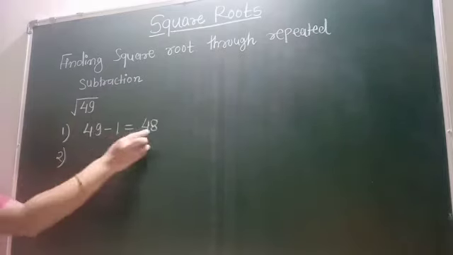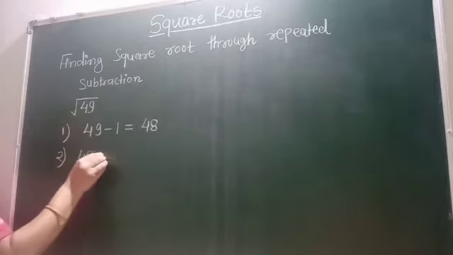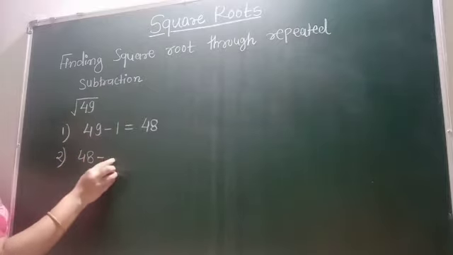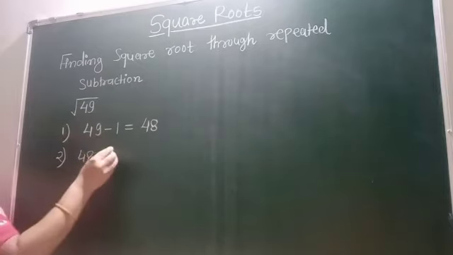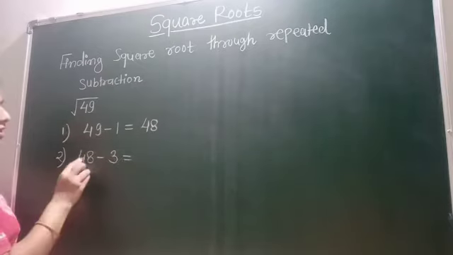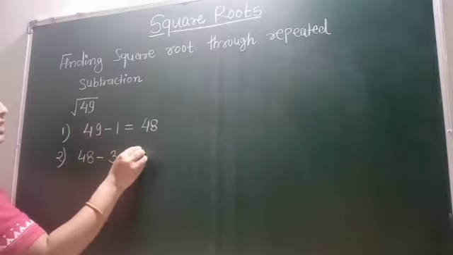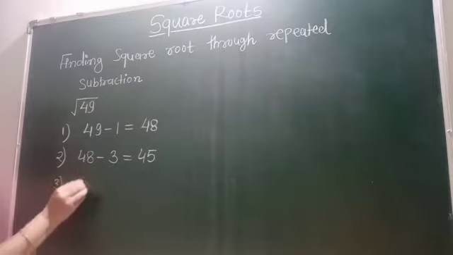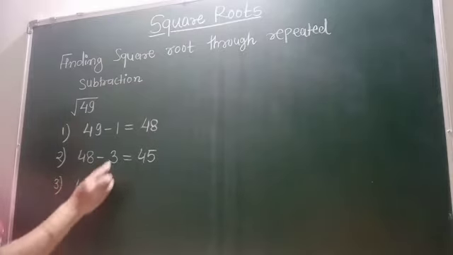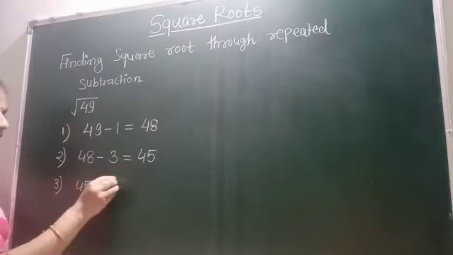Second step, from this 48, we will subtract the next odd number. After 1, which odd number will come? Yes, 3. And 48 minus 3 will be 45. Third step, 45 minus, after 3, which odd number will come? 5.